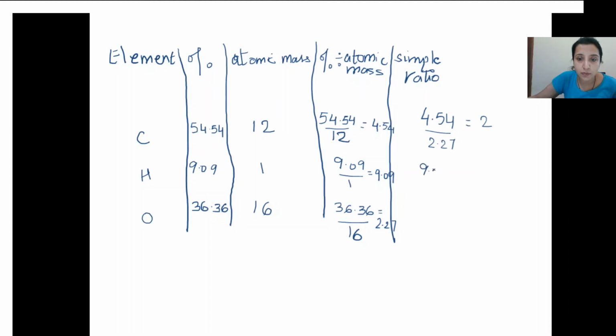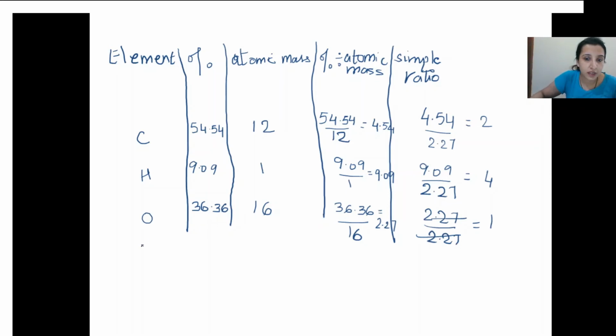And then 9.09 divided by 2.27 comes out to be 4. And 2.27 divided by 2.27 comes out to be 1.